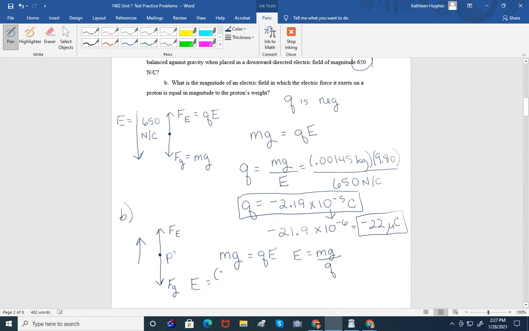The mass of that proton is 1.67 times 10 to the negative 27 kilograms. Doesn't weigh very much. The acceleration due to gravity is still 9.80. And I know the charge on my proton is that elementary charge, 1.60 times 10 to the negative 19.